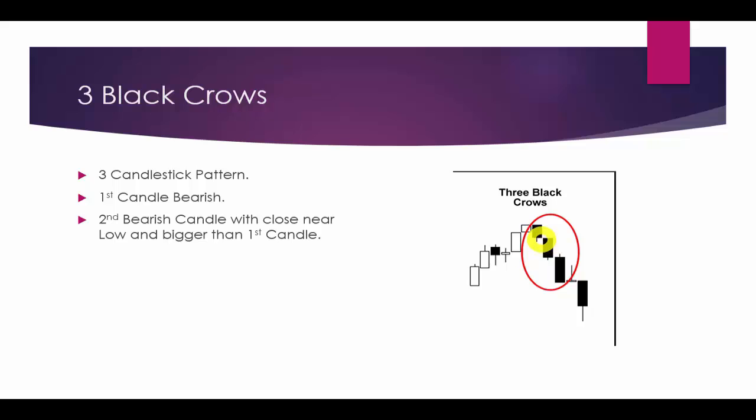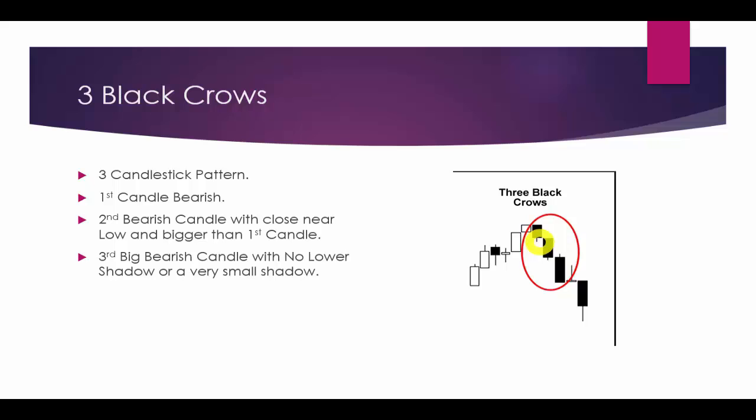Now the third important condition which confirms this pattern is that this candle should also be a bearish candle, but it should have no lower shadow or a very small shadow. It is very easy, like three continuous falling candles. The third candle should also be a big bearish candle.